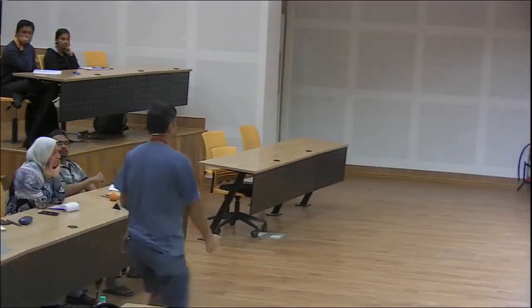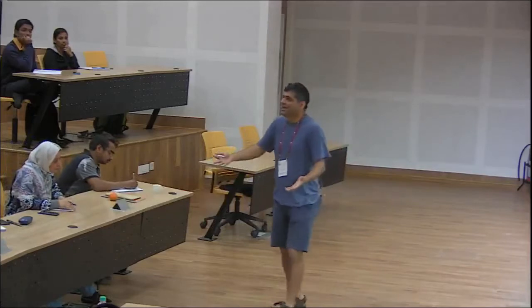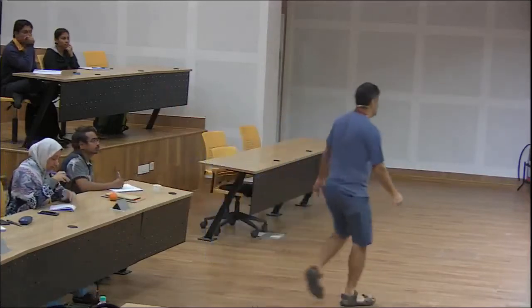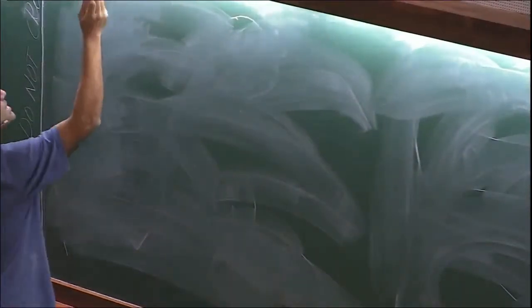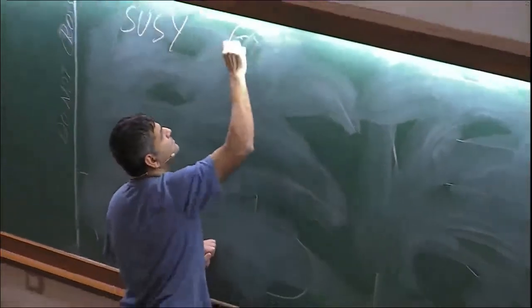Okay, which somehow revolutionized our understanding of the importance of supersymmetry. In some sense, the reason we're having lectures like this is because of that work and its follow-ups. So the model we're going to study is supersymmetric gauge theories.